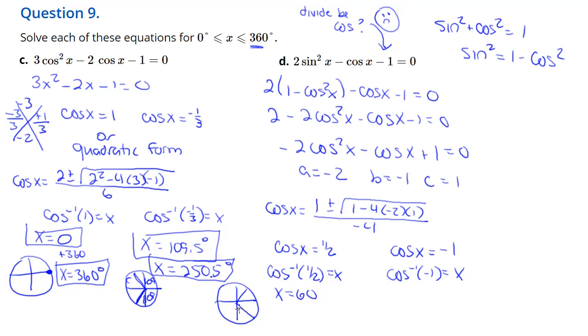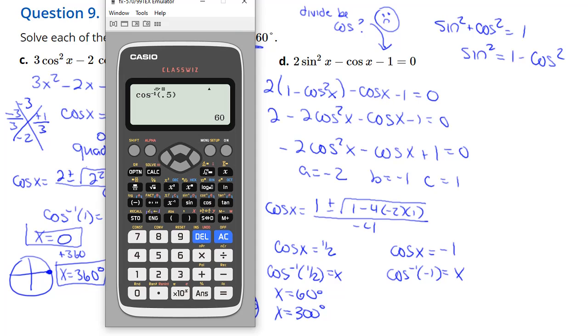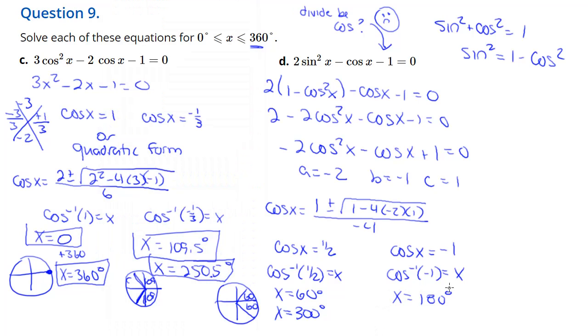And if I go across the x-axis, the other angle that's positive is going to be 300. And then I put a negative 1 inside here for the inverse of cosine, and I get 180 degrees. And again, that's on the x-axis. And if I add or subtract 360, it's going to be outside the domain. So this is the only answer I get for this one.